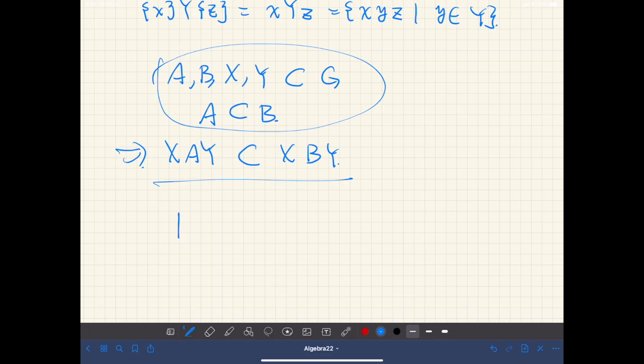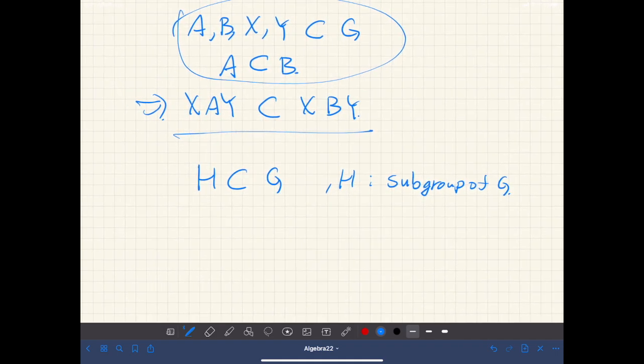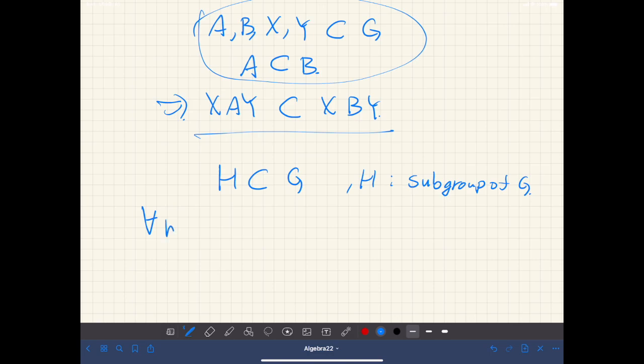And also, if H is a subgroup of G, not just a subset, but a subgroup of G, then in that case, for all elements h of H, we have hH is equal to H. So you should verify that.